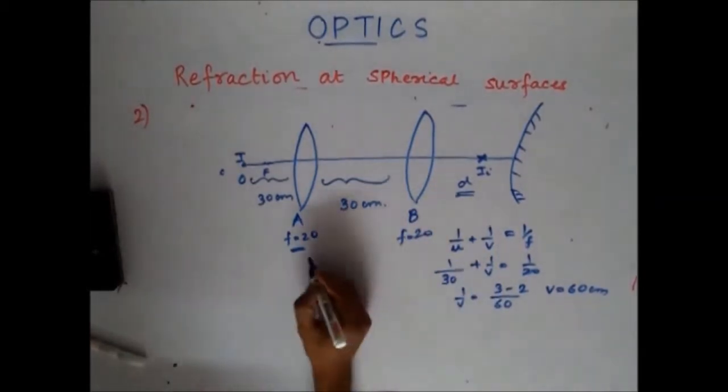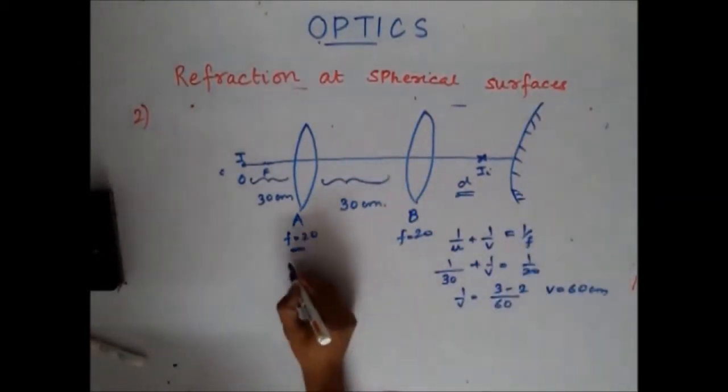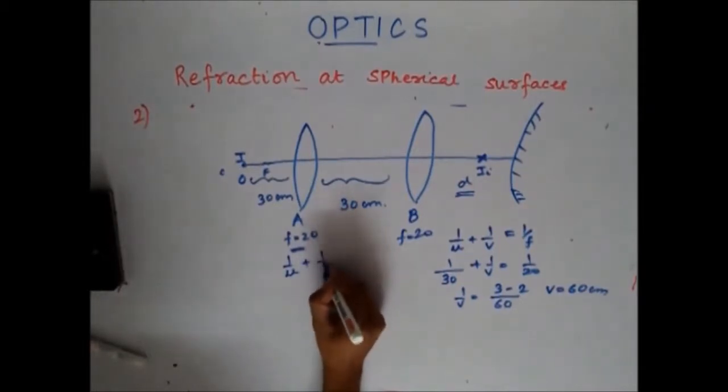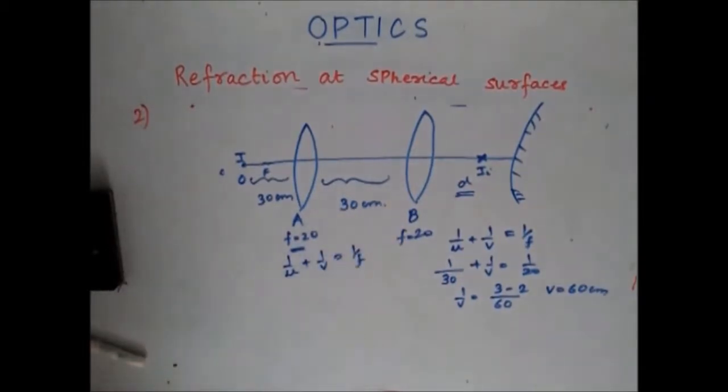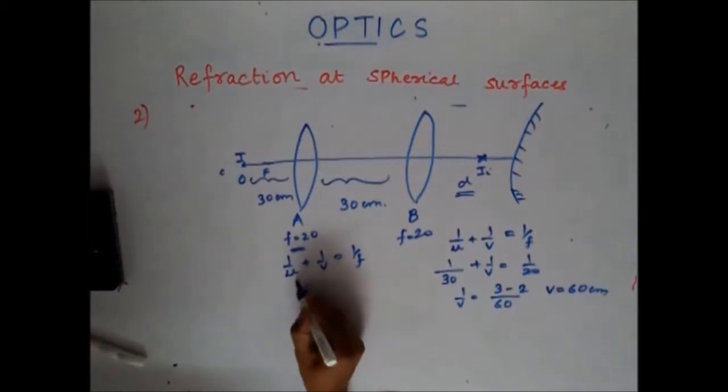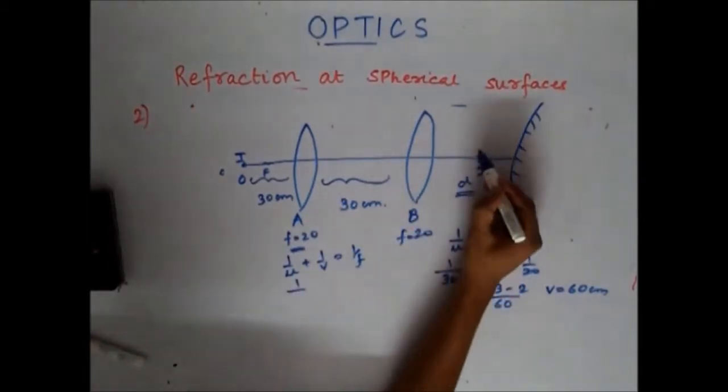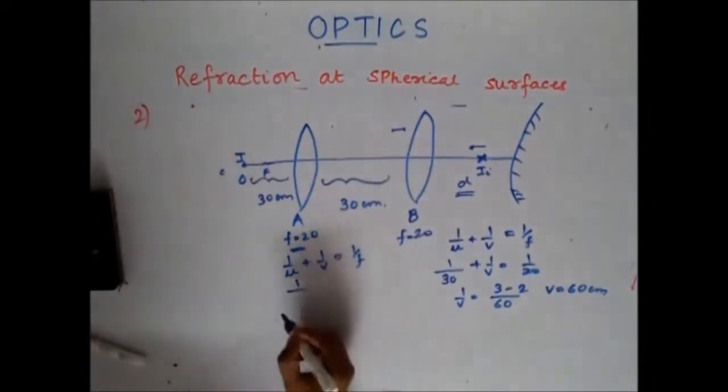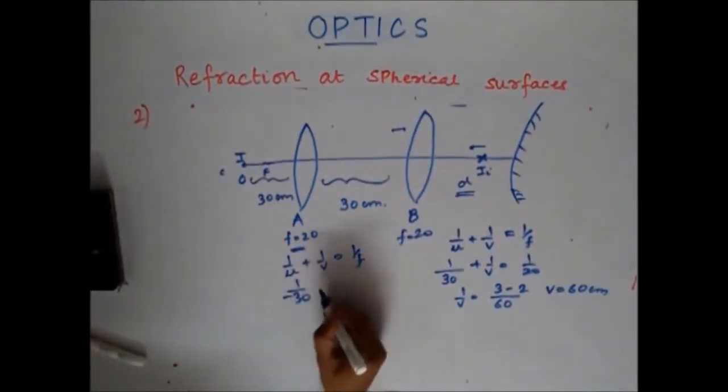To find that, we'll again use the formula, which is 1 by u plus 1 by v is equal to 1 by f. What is u in this case? To move from the object to the lens, I will move in this direction, the incident ray is in this direction. So u is negative, and which is equal to minus 30.